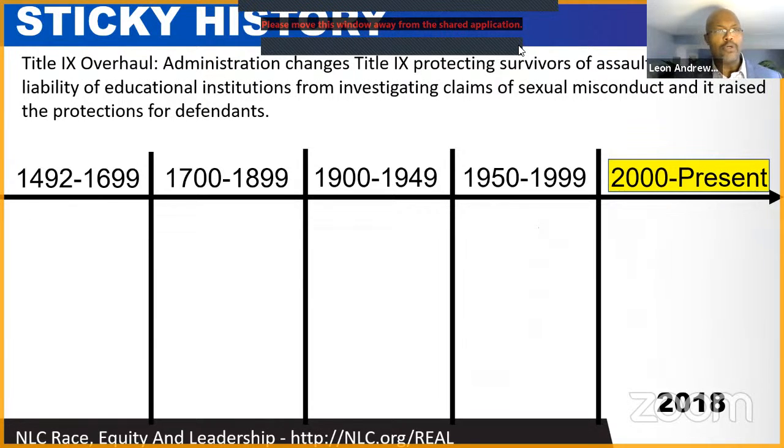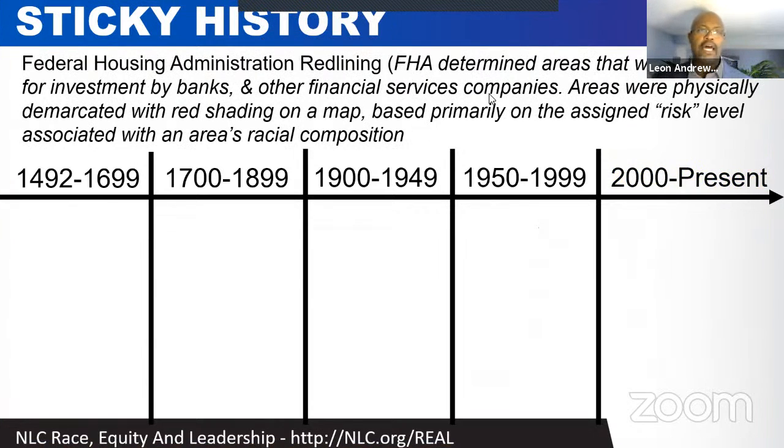And I'll do one more, which is the Federal Housing Administration redlining. The FHA determined which areas were deemed fit for investment by banks and other financial services companies. Areas were physically demarcated with red shading on a map based primarily on the assigned risk level associated with an area's racial composition.